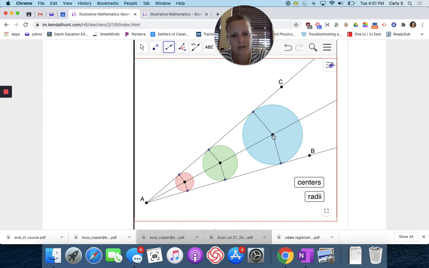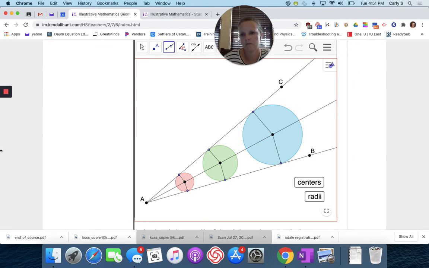So the distance from the center to the angle is the same distance from the center to the angle. Let's say it again in a different way. The distance from the center to this point of tangency is the same distance of this center to the point of tangency. And that tangent is where the circle hits the ray of angle CAB.